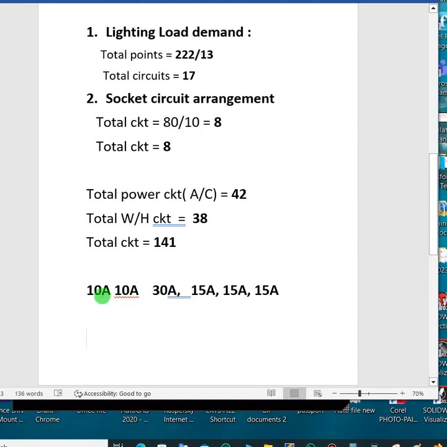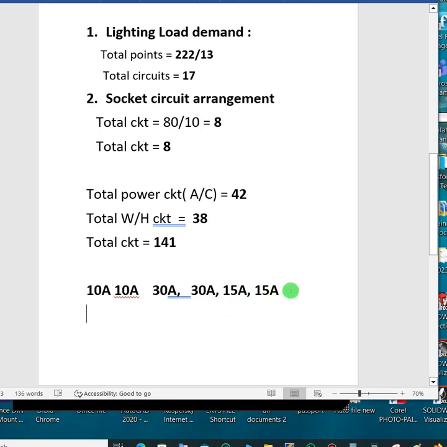These 2 for lighting point, this one for ring, then this is for AC, this also for AC, and perhaps this is for water heater. Just use your initiative, or we can also say 30 again for ring. We provide 2 of 30 for ring. So this is for lighting, these 2 are for ring circuit sockets, then this is for AC, perhaps this is for water heater. So these are the 6 spares that are going to be left unused in that distribution board.